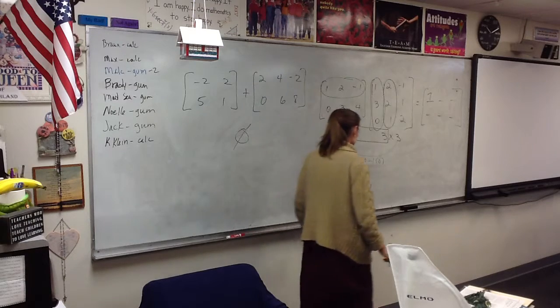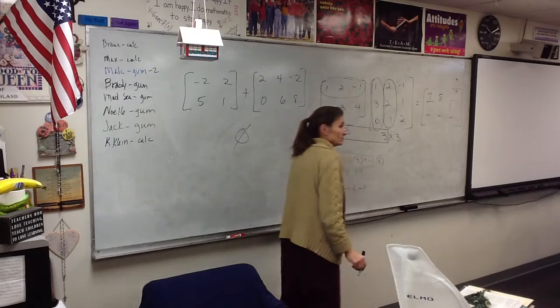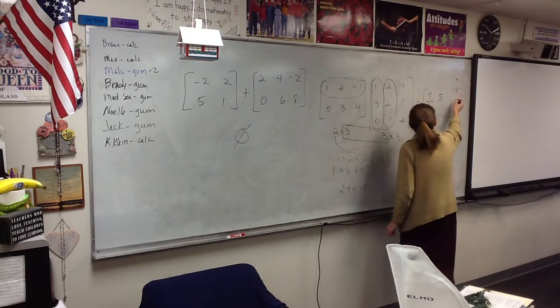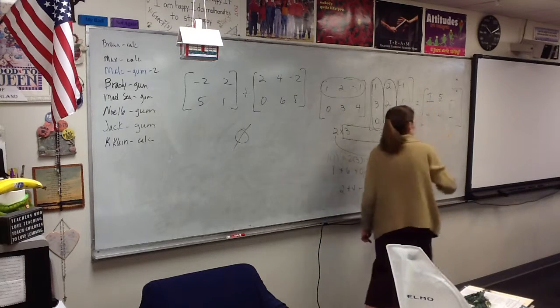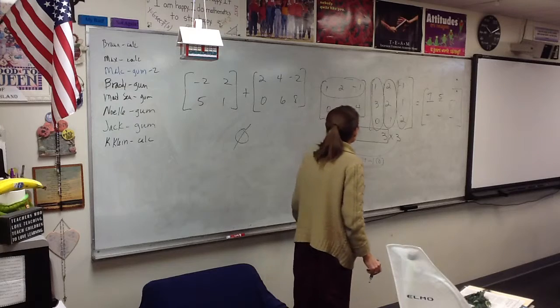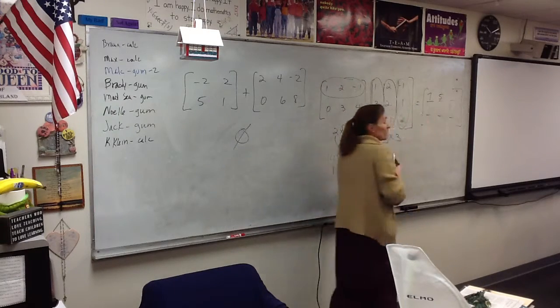That makes 5. And then first row, third column. So you take first times first, second times second, third times third, and add them up.